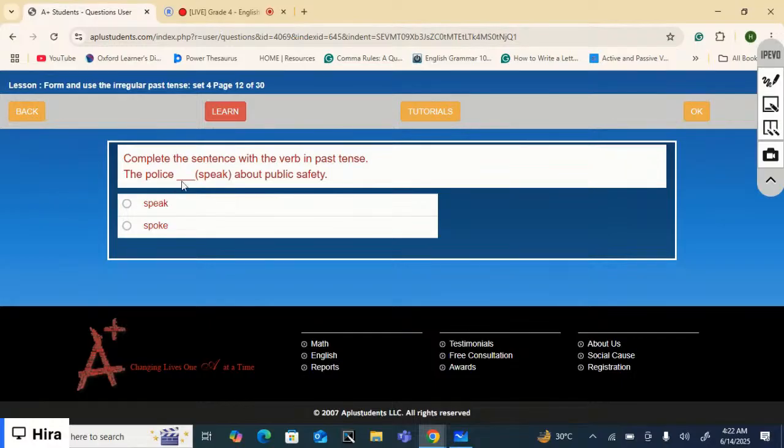The police spoke or speak about public safety. The verb is speak. What is the correct past tense verb of this? Speak or spoke?